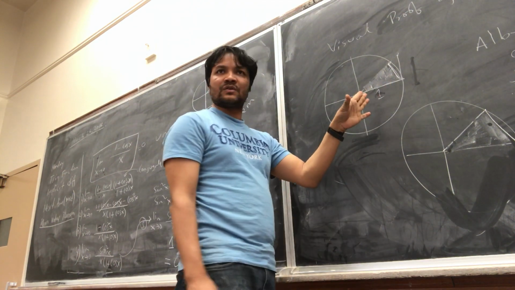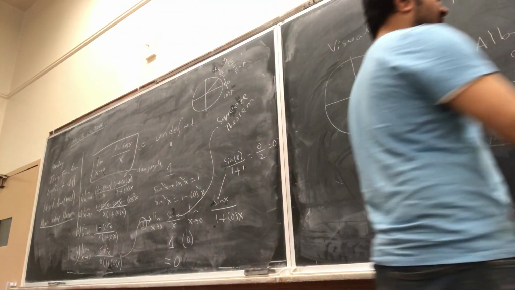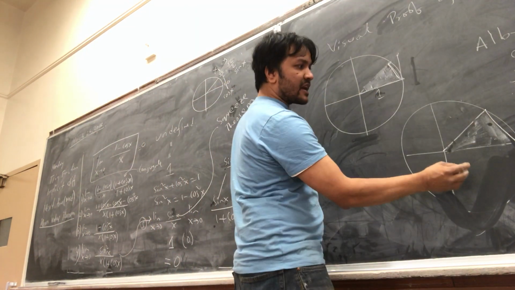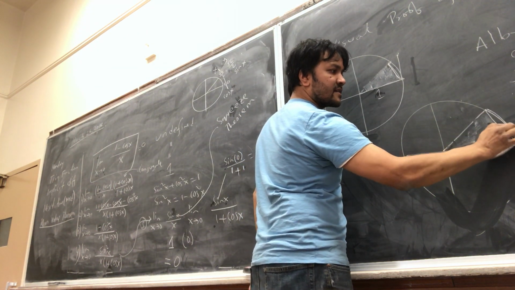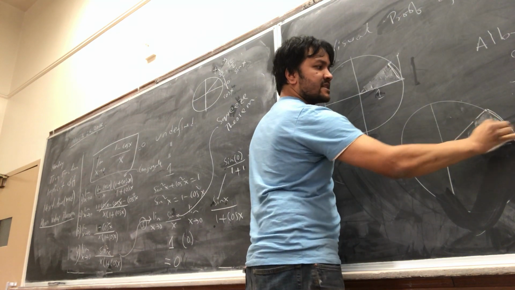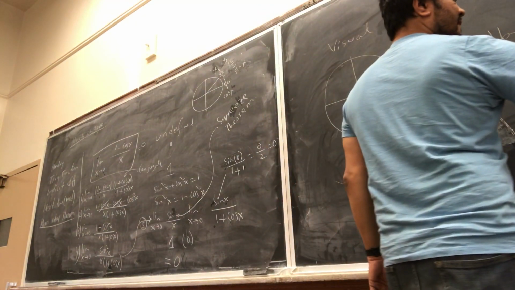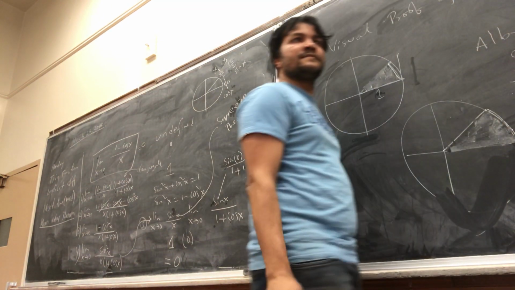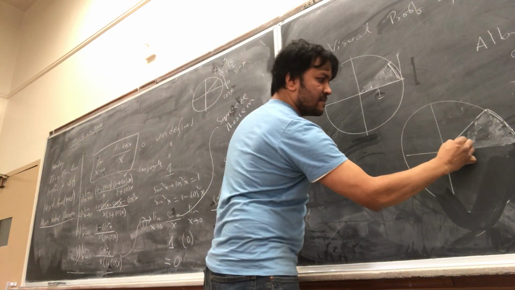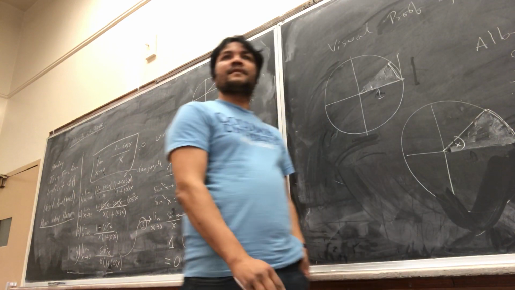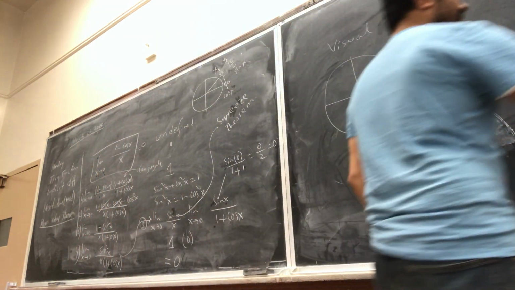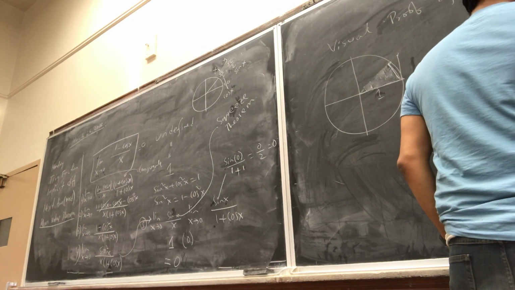We did it before in the second or third class, the area when you have the arc. So this is the arc. If you include that, then what should it be? x over 2 pi times pi r squared, where x is the angle.